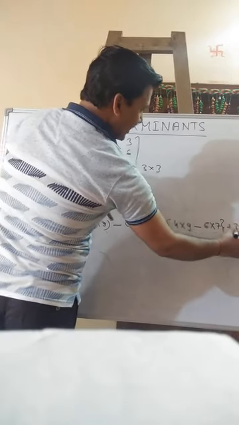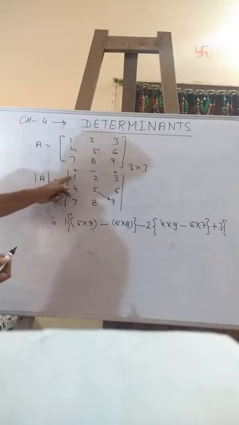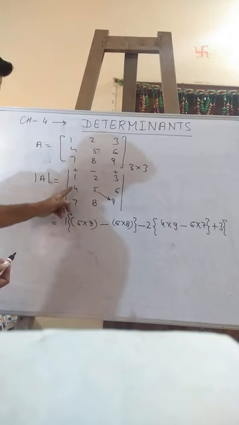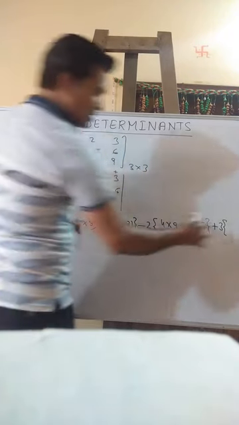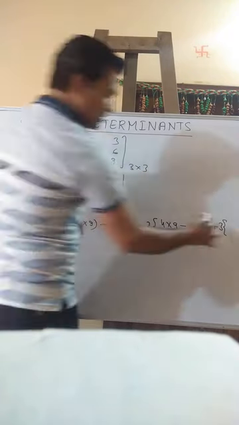Now writing here 3, and for that leave the first row and third column. The rest 4 numbers are 4, 5, 7, 8. Applying the same pattern, 4 multiplied by 8 first, minus 5 multiplied by 7. Now simplify this: 1 into (45 minus 48) minus 2 into (36 minus 42) plus 3 into (32 minus 35).